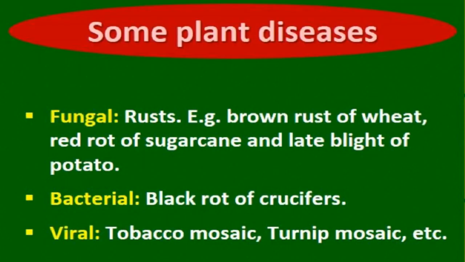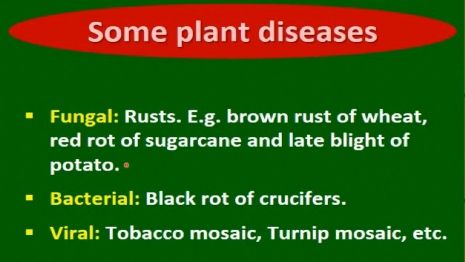First you need to know about these different diseases found in plants due to which there is a reduction in plant yield. Okay, so see here, these are some examples of diseases of plants. Fungal diseases are found in plants, and fungi mainly cause rust in plants. For example, brown rust of wheat, red rot of sugarcane, and late blight of potato.